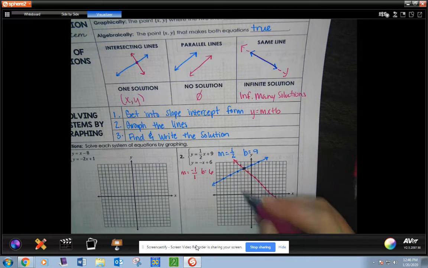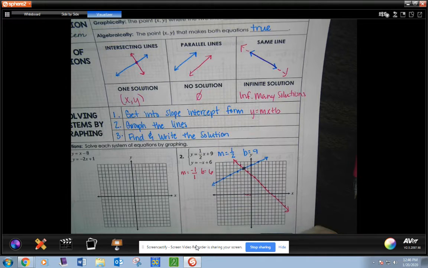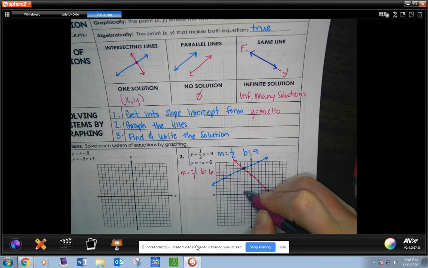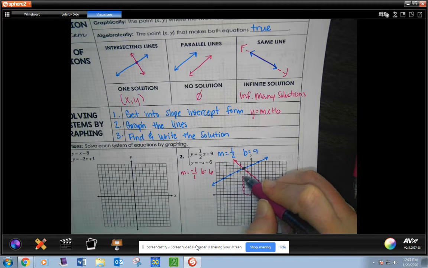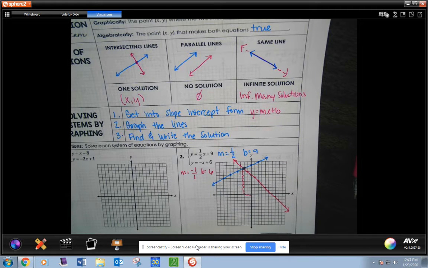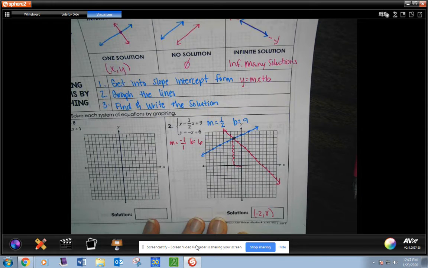And the location of that point, and remember, to find a point, you go left or right, and then up or down. So I will go left 2, and I go up 8. So my ordered pair would be -2, 8.